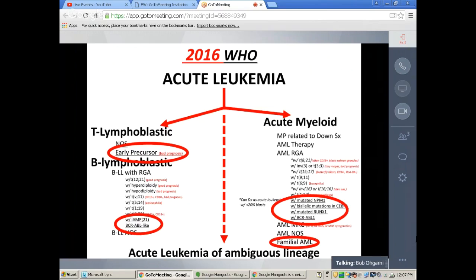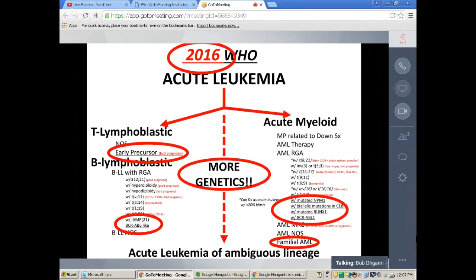And then a category of familial acute myeloid leukemias, which we were aware of, but which become their own entity. The significance of this is that genetics plays much more importance in our diagnosis of acute leukemia.